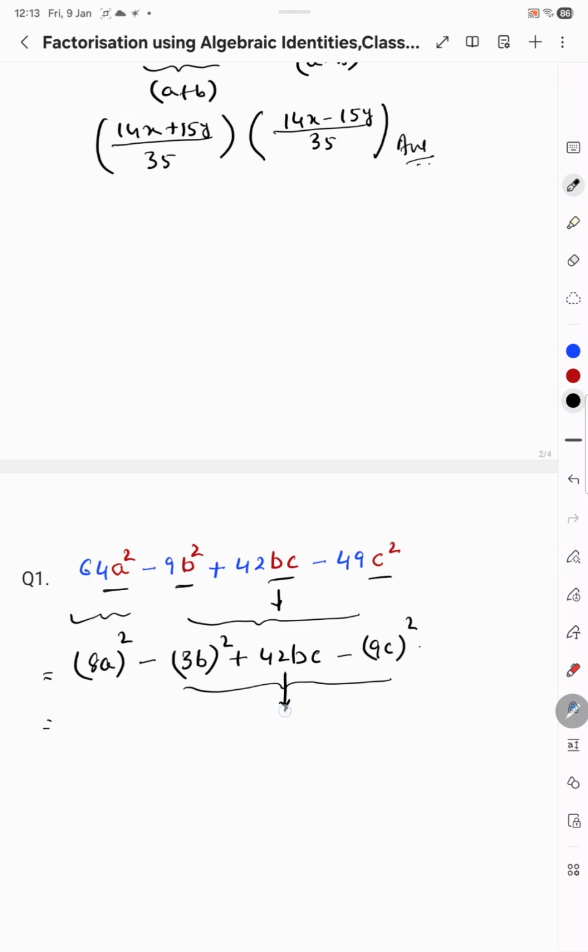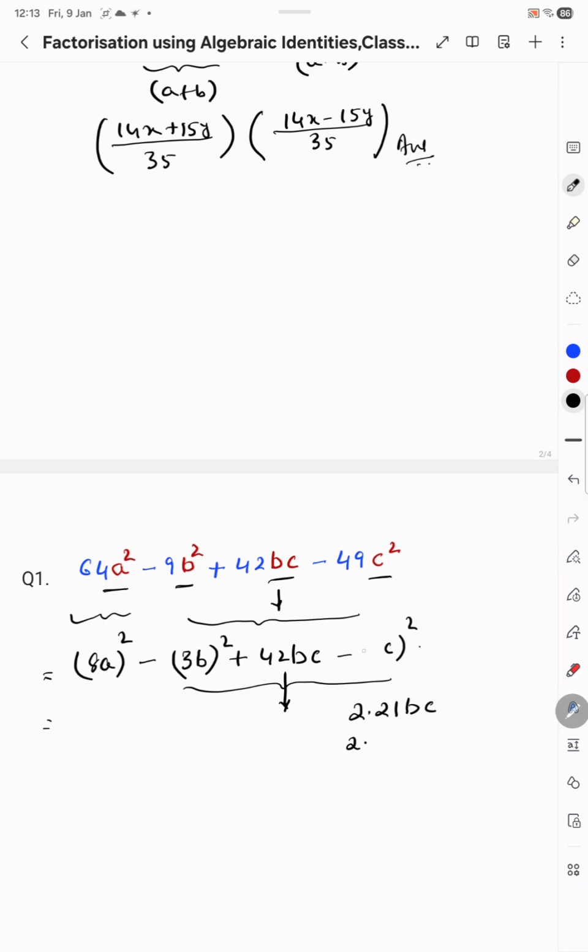So now take this middle term. 42 can be written as 2 into 21bc, and it can be further written as 2 into 21 is 7 3s are 21. This is not 9 square, this will be 7 square.